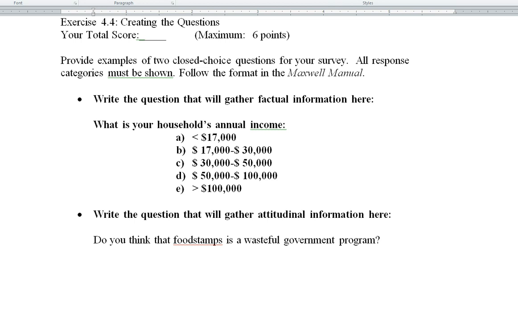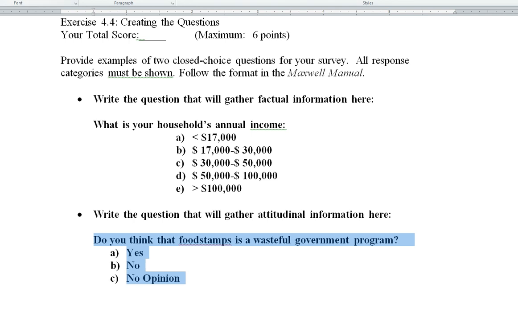And we could have closed choices: A, yes, B, no, or maybe C, no opinion. And therefore you would have an attitudinal question because you're asking them what they think. Now they might not know whether it's actually wasteful or not, but what you can do is have a closed choice question. So it's relatively easy, and depending on your survey you might ask different questions.